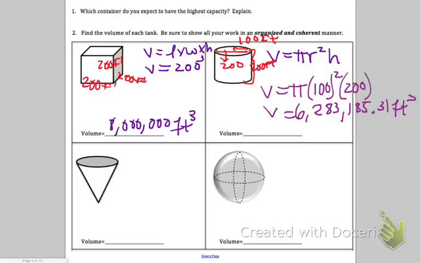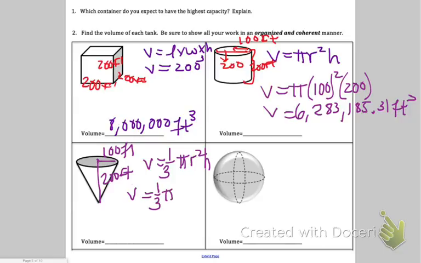So let's do our last two. We have a cone with a diameter of 200, which means the radius will also be 100 feet, and it has a height of 200 feet. The formula for a cone, if you look at your reference sheet, is volume equal to 1/3 of pi times the radius squared multiplied by the height. So volume is equal to 1/3, now substituting my radius and my height, times 100 squared times 200.